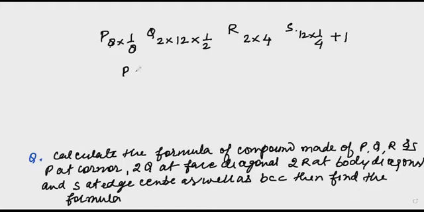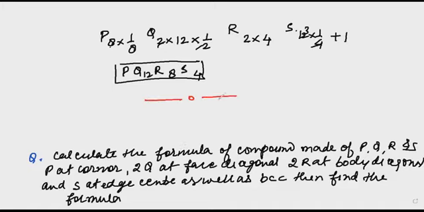So the formula is P, 2 and 2 cancel, Q12, R8 and S is 3 plus 1, which is 4. So you must remember that the formula is PQ12R8S4. Clear?